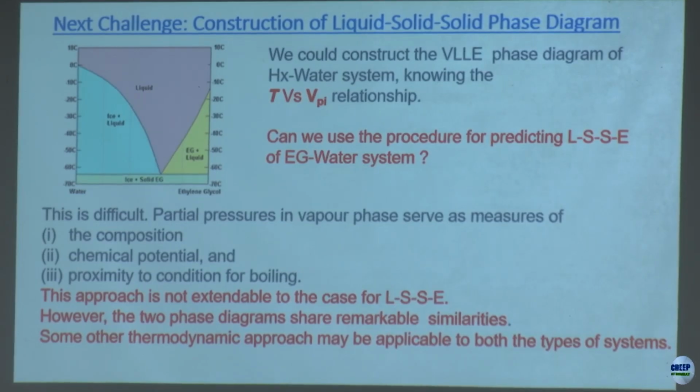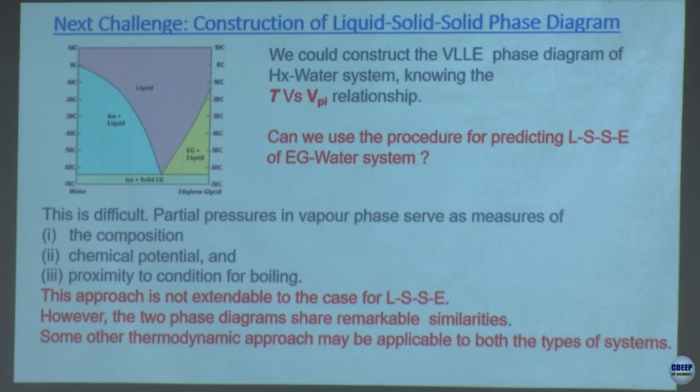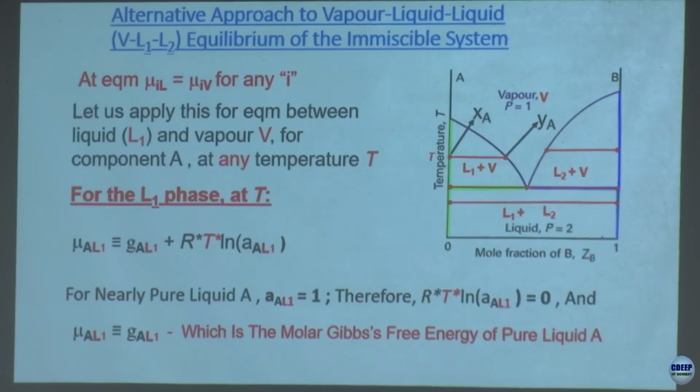So we are in search of another method which may be applicable both for vapor-liquid-liquid as well as solid-solid-liquid. Okay. So that is the kind of exploration we are going to do in the session today. Look at this diagram, something we have already covered.